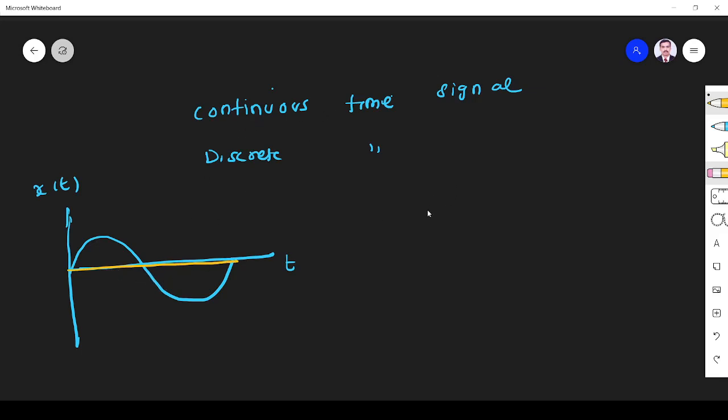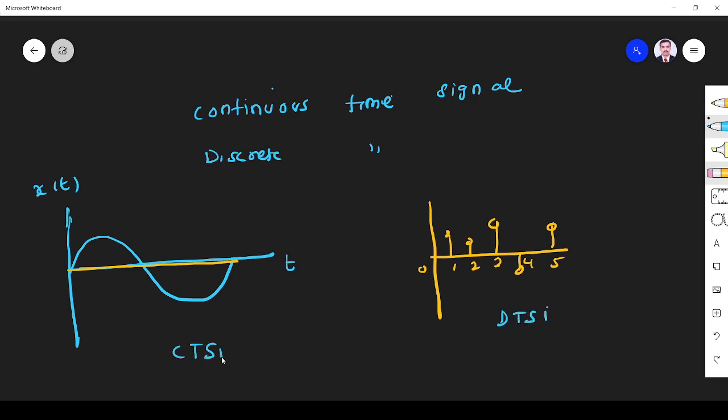Whereas a discrete time signal is available only at discrete instants of time. Here you see the signal has a value only at the instants 1, 2, 3, 4, 5. This is an example of a discrete time signal, and this is an example of a continuous time signal.